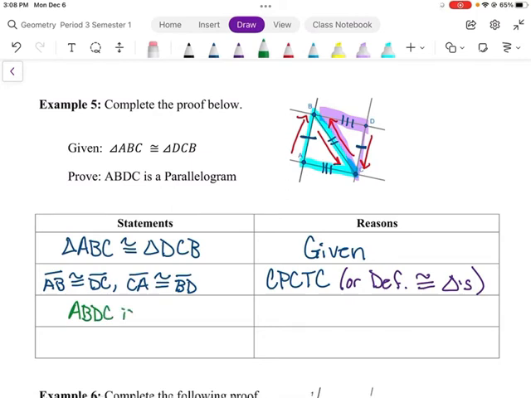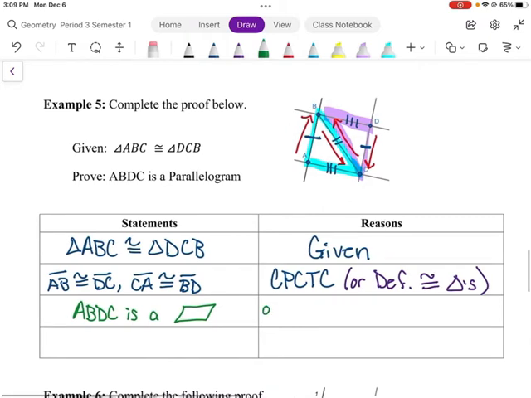And we can say both pairs of opposite sides are congruent, and that implies that we have a parallelogram. So make sure you have that copied down, and then we will move on to the next one.